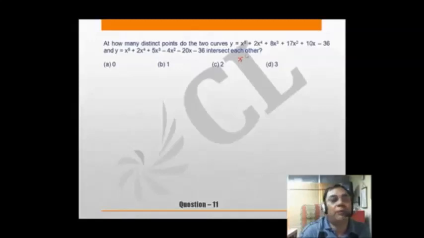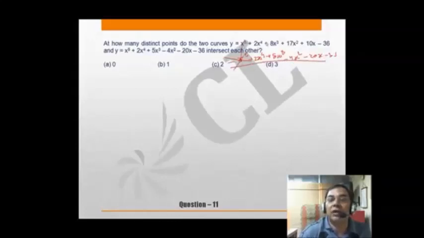x to the power 5 plus 2x^4 plus 5x cube minus 4x square minus 20x minus 36. I'll subtract.